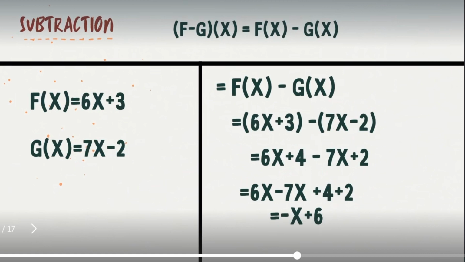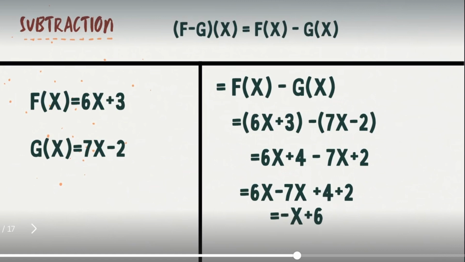Next, and last example for subtraction, is f of x minus g of x. And f of x equals 6x plus 3. And then g of x is equal to 7x minus 2. As you can see, I also put an open and close parenthesis in this example.